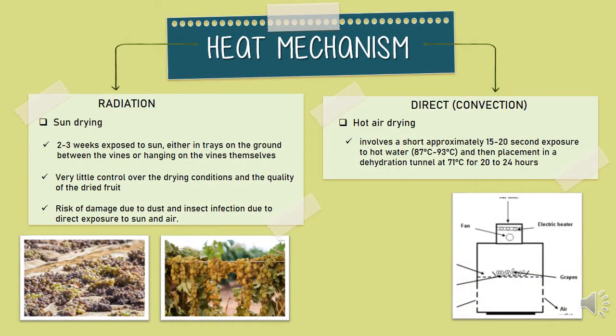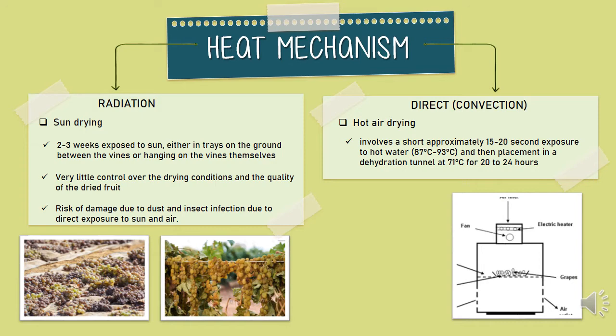Based on the heat mechanism, the drying process can be categorized into several methods such as radiation and direct or convection drying. Under radiation, we have the sun drying method. It involves exposure to the sun and air for 2 to 3 weeks, either put on a tray on the ground or hanging on the vines themselves.